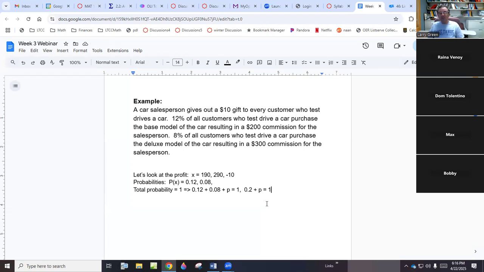We do have some math to do today, by the way. So what is P? One last step in math, see if you can do it. Yeah, 0.8.